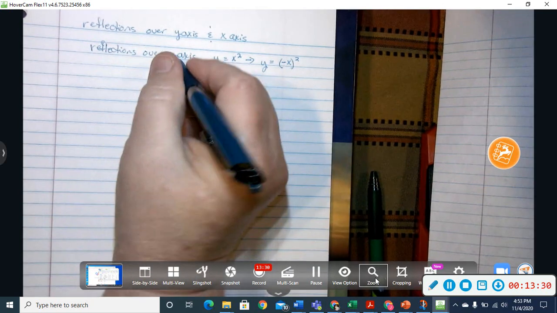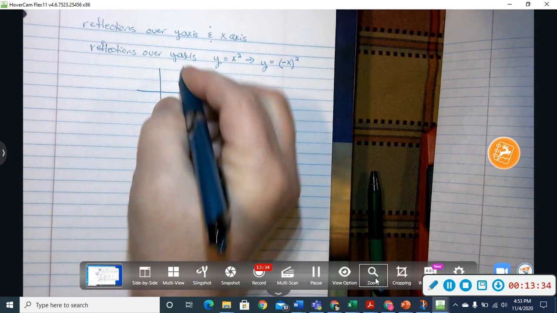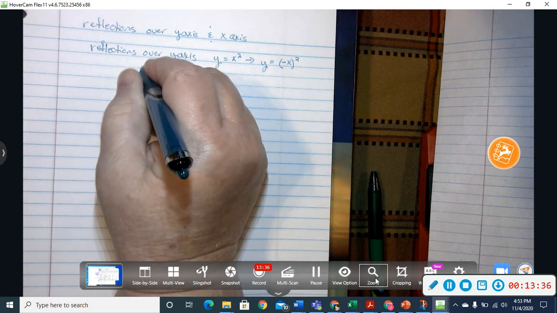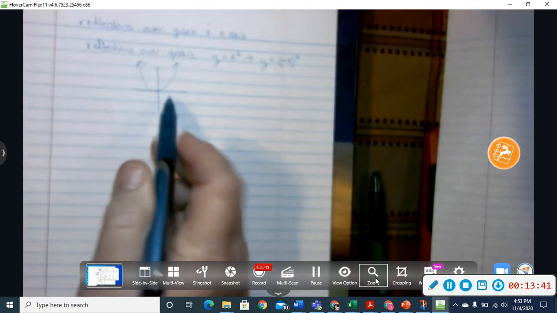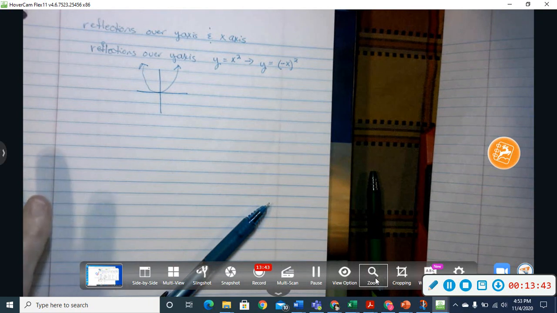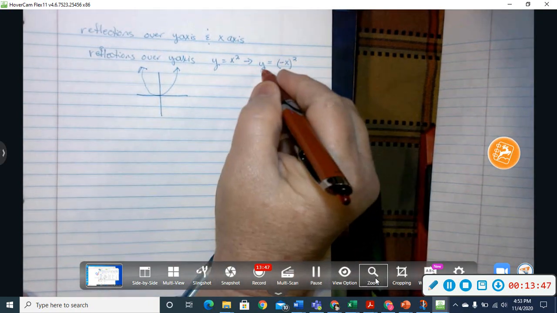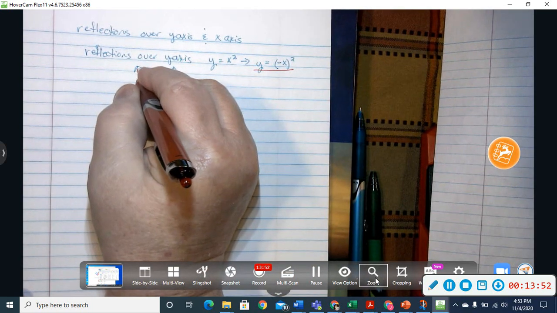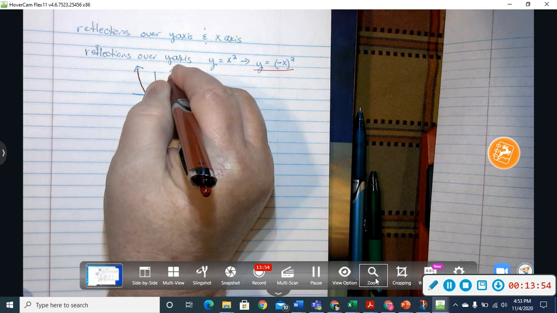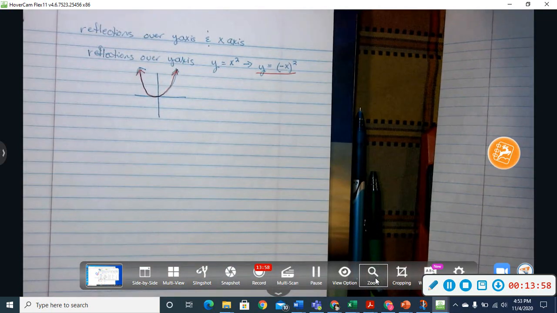To visually look at that graph, however, this would be the graph of y equals x squared, but to visually look at the second graph, it really looks exactly the same because it is going to graph directly on top of the other graph.